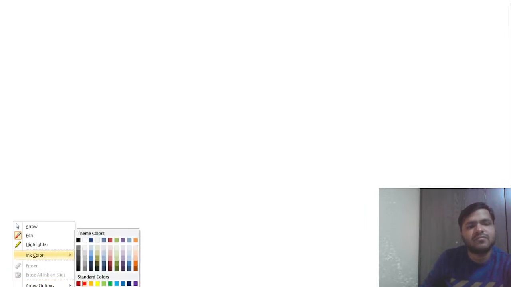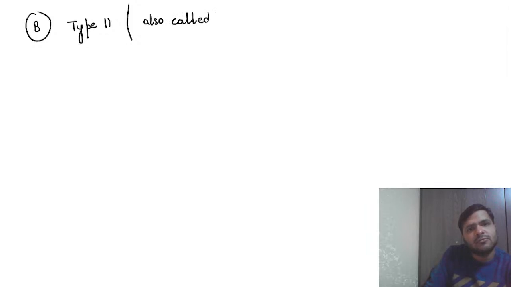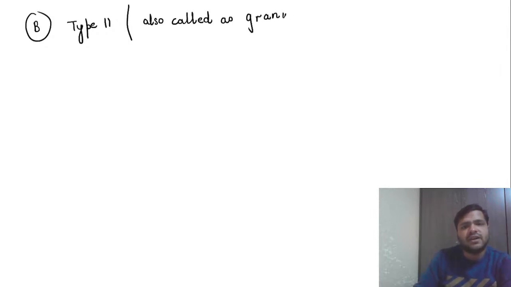Next, write down type 2, also called as granular pneumocytes.